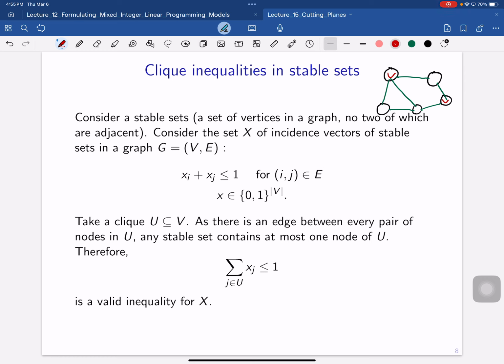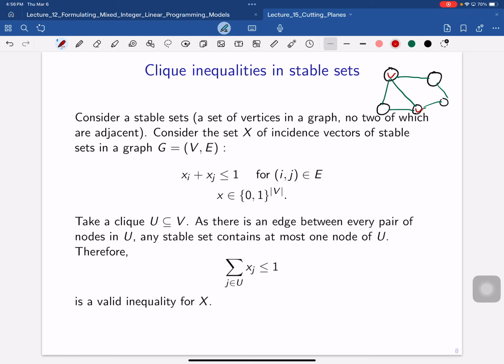But then if you pick some other... let's say if we pick these 2 nodes, then they are connected, right? This is not a stable set. Okay.